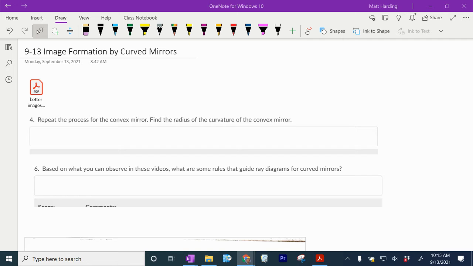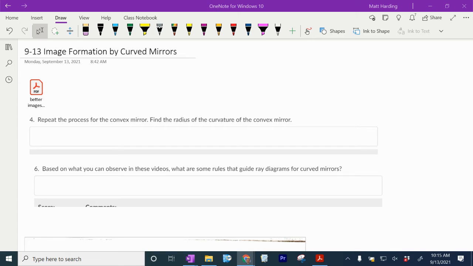Yeah, we're dealing with bouncing here now. Cool with finding the radius of curvature. I was gonna try to use the thing, because the radius is right here, right?